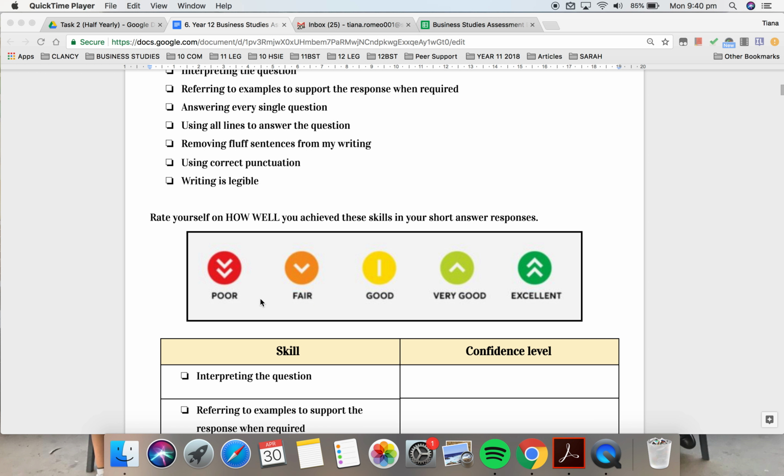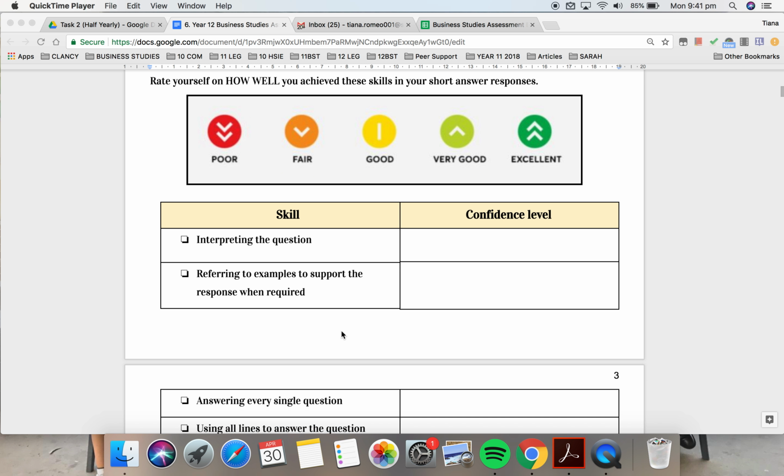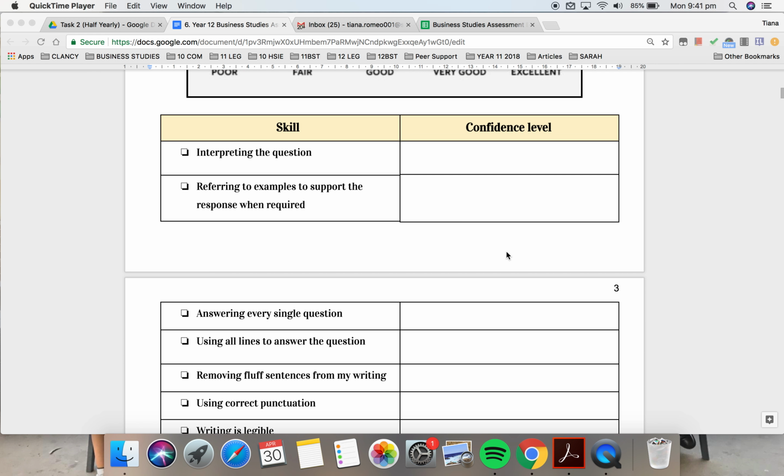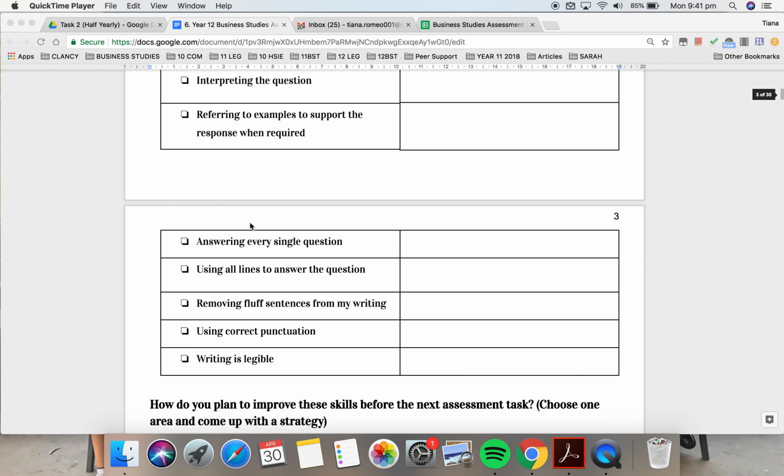So you should have this document in front of you on your desk. I want you now to go through your paper, flick through your paper, and I want you to rate for each of the skills your confidence level. So you can either write the word or you can draw the symbol in the table. But for each skill, you need to rate how confident you were in doing that.